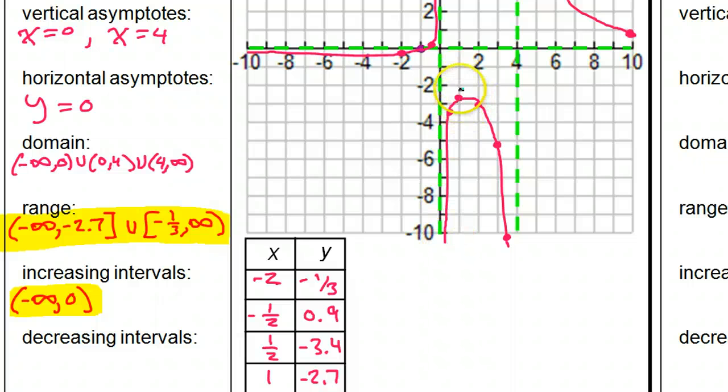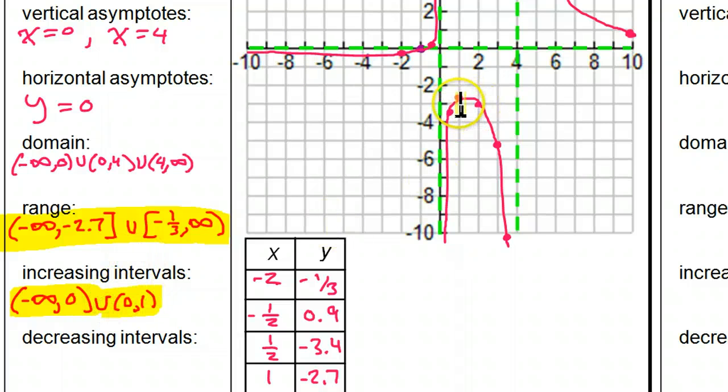But I have no proof that this is the highest point. It's just one of the points I picked. Just so you get the idea, it is increasing from 0 to about 1. But that's an estimate. It could be 1.3. I don't know. So I'm going to highlight that.